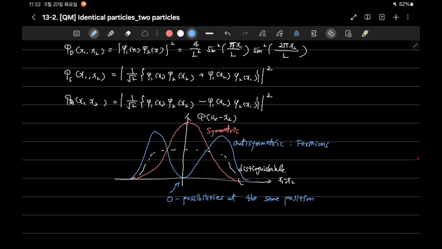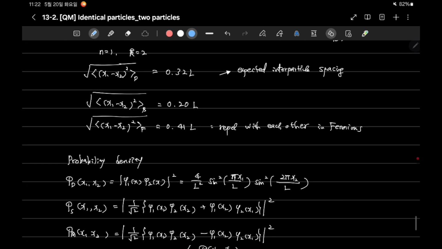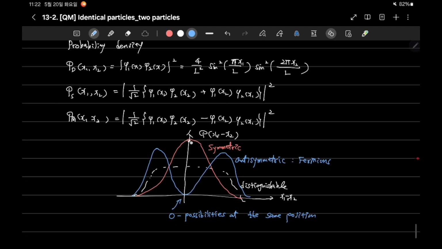There is no possibility of being found at the same position, and they repel with each other. So this relative dispersion is also large for fermions, which repel and stay far from each other. For bosons the dispersion is small. For distinguishable particles the dispersion is like this, and for the fermion case the dispersion is so large.